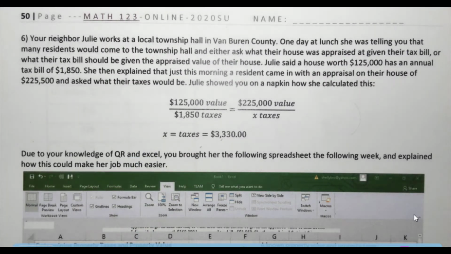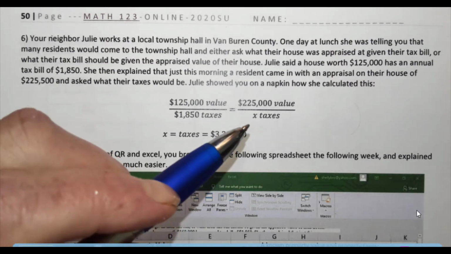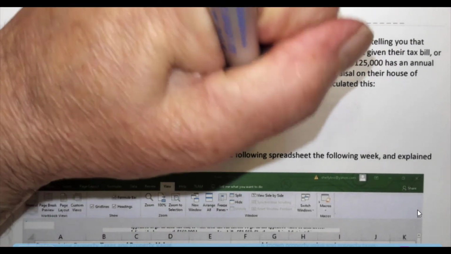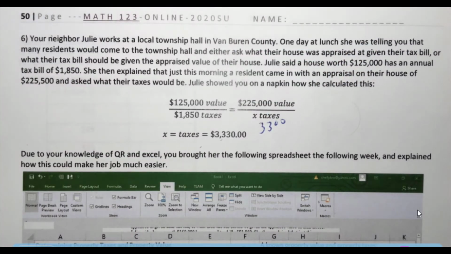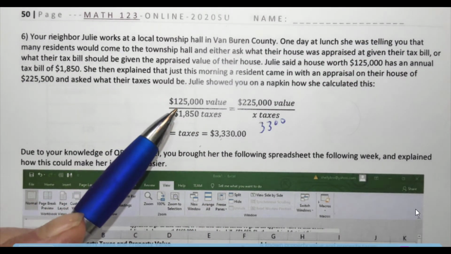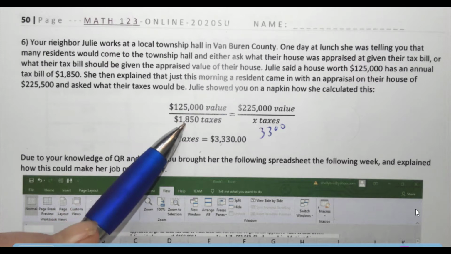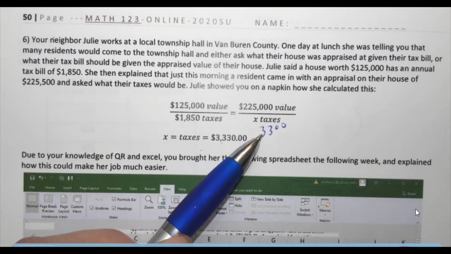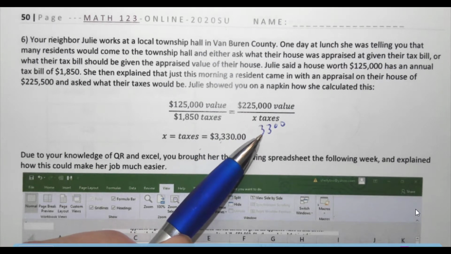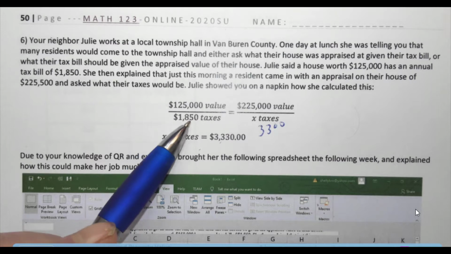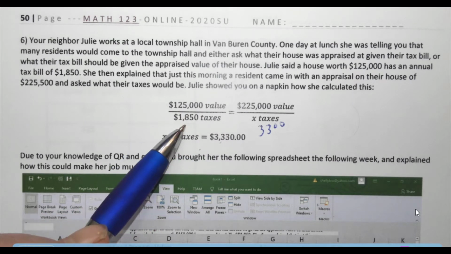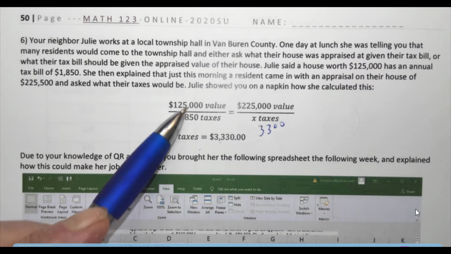And I'm going to ask you one other question. I'm going to write this in here. If I take 125,000 and divide it by 1,850, and then I'm going to take 225,000 and divide it by 3,300. And what do you think I'm going to get? Well, I don't know what I'm going to get exactly, but I'm going to tell you right now what will be true.